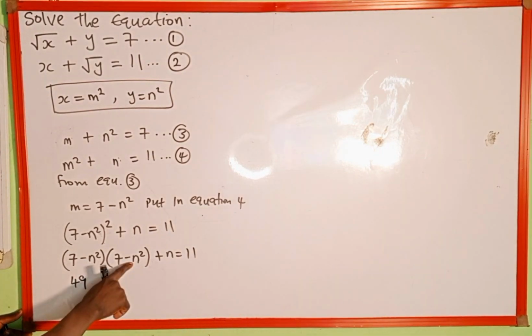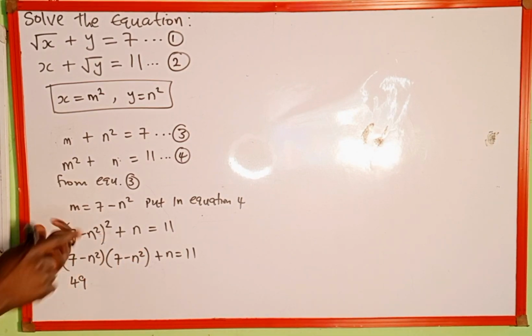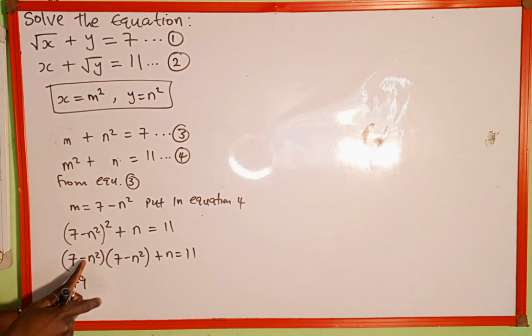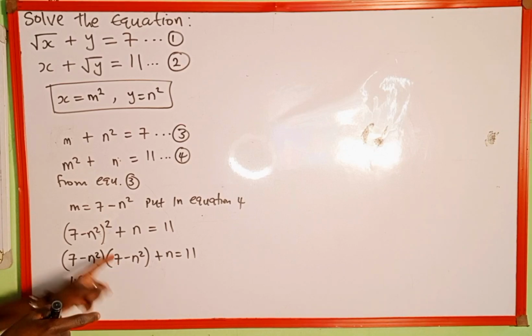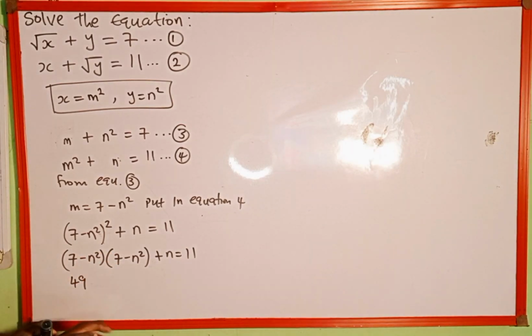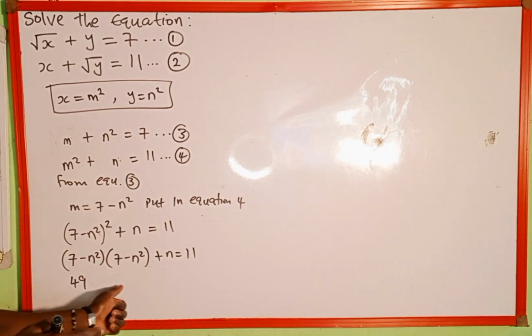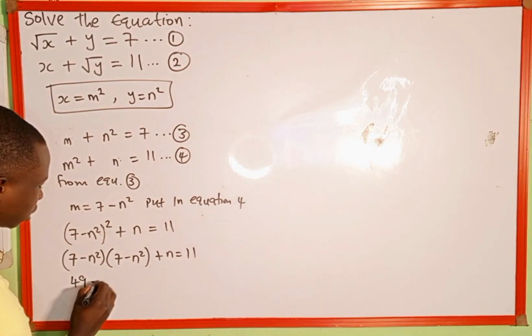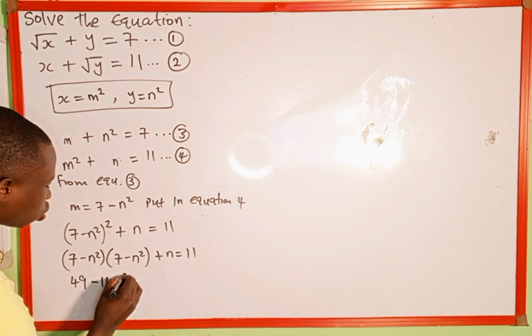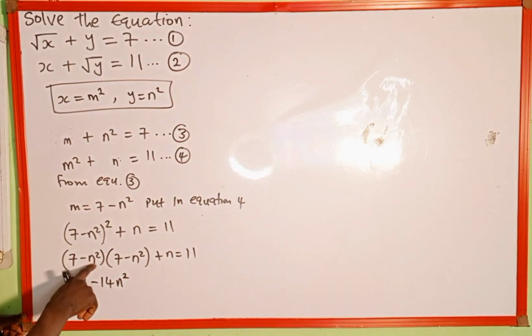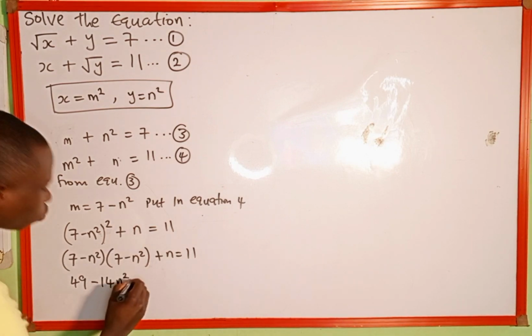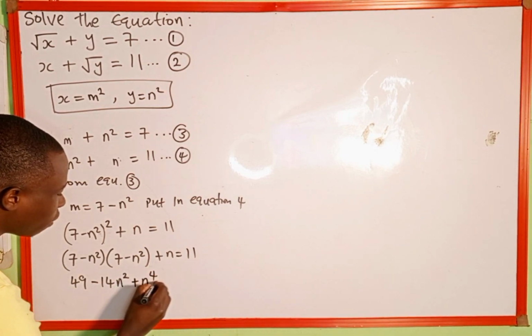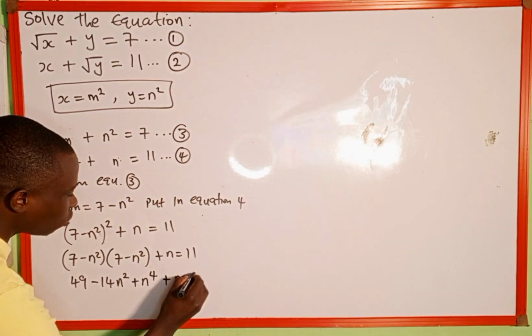Then 7 multiplied by negative n squared is going to give us negative 7n squared. Then negative n squared multiplied by 7 is negative 7n squared. So negative 7n squared and negative 7n squared give us negative 14n squared. Then negative n squared multiplied by negative n squared is going to give us positive n to power 4. Then plus n is equal to 11.